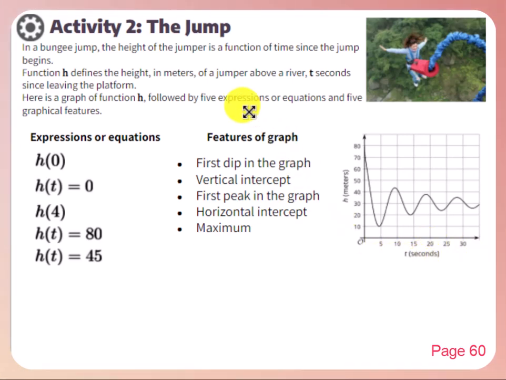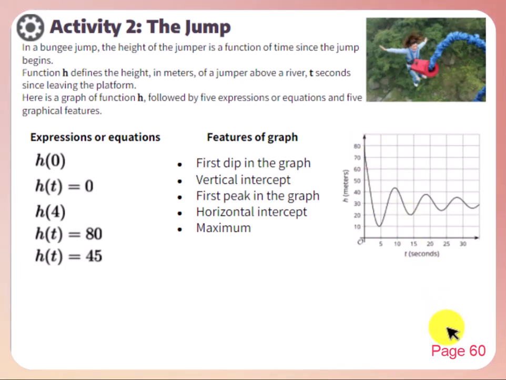So here's a graph of function h followed by 5 expressions or equations and 5 graphical features. h of 0, what does that mean? That means, what is y when x is 0? So h of 0 is, I think it's 80.